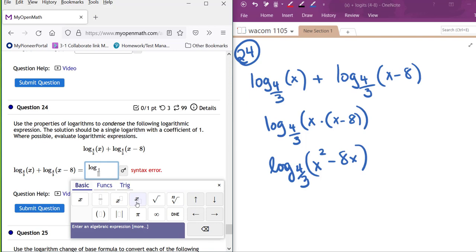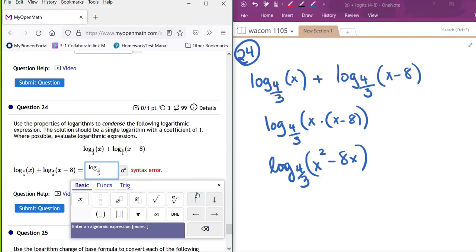So 4 and 3. And so I did the out arrow. I did my keyboard. You could also use it here. I didn't realize they had them here. And then go up and up again.